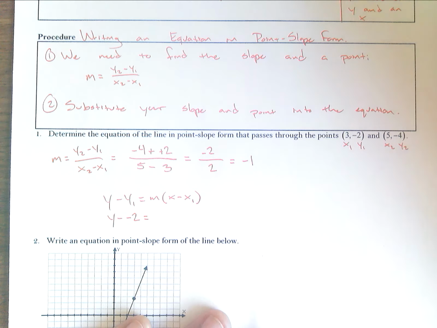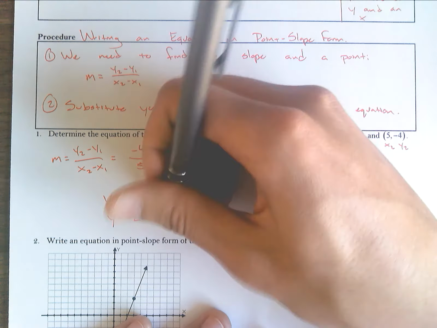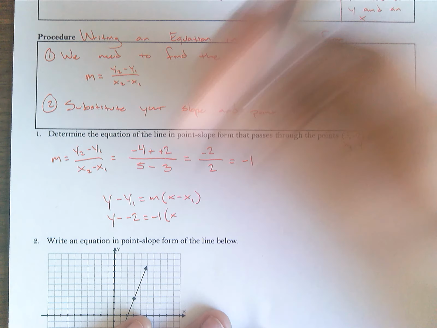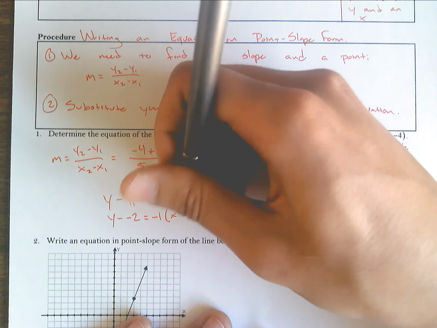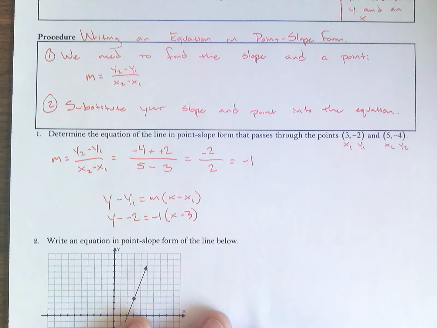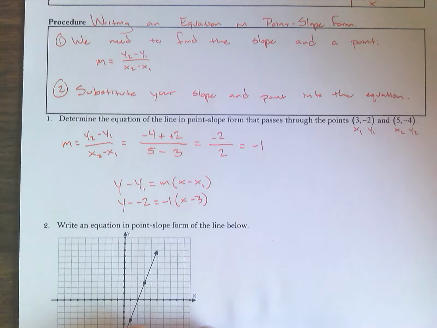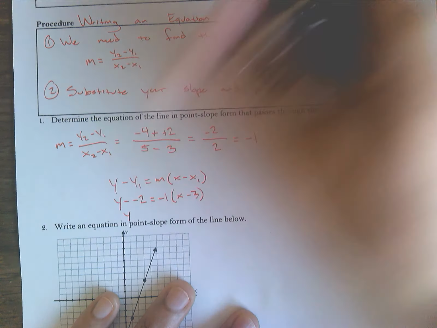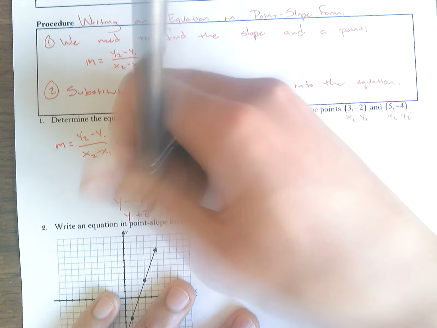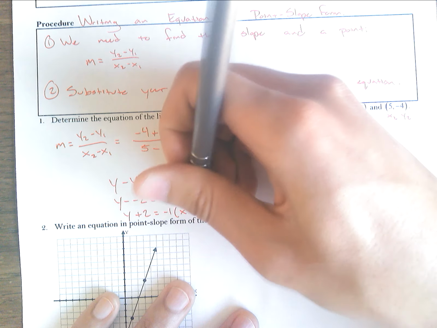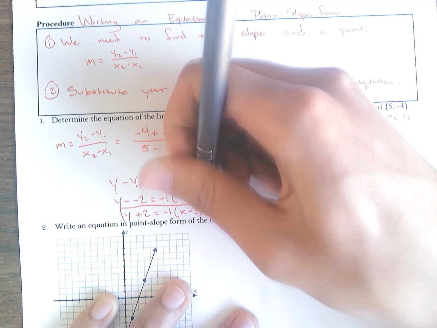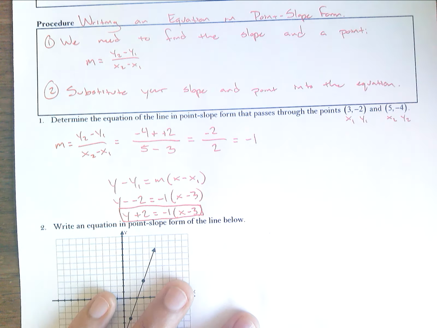Equals m, our slope, negative 1, parentheses x minus x1, and x1 is 3, so minus 3. Now we've got a double negative here, so let's simplify that. We have y plus 2 equals negative 1 times x minus 3, and that is the equation of the line in point slope form.